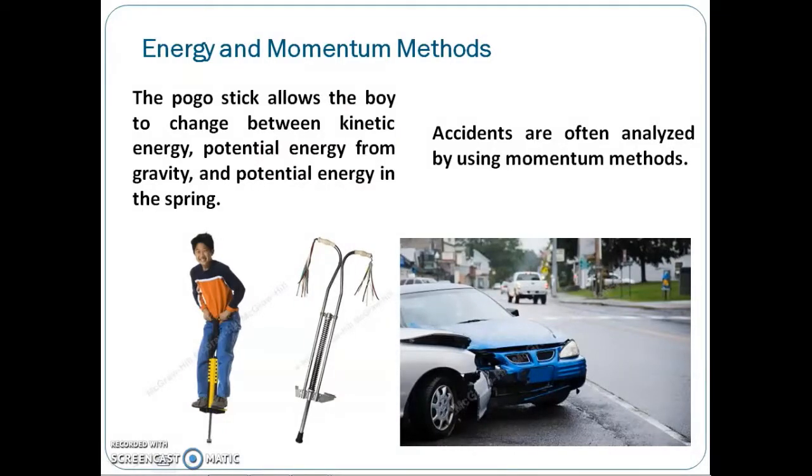Here we can say that in analyzing the kinetics of particles, besides the Newton's second law method, we have the work and energy methods as well as the impulse or momentum methods.